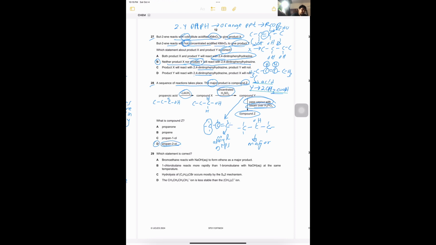Question 29. Which statement is correct? Bromoethane reacts with NaOH to form ethene as a major product. So here, not really. Ethene is not the major product.